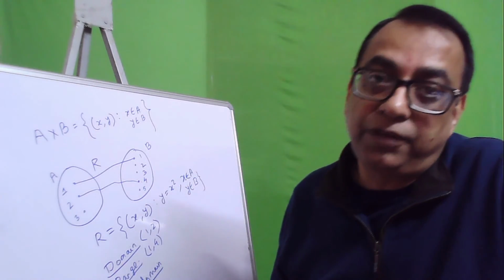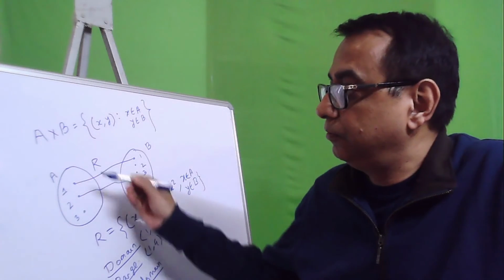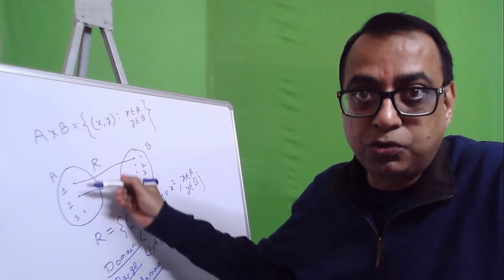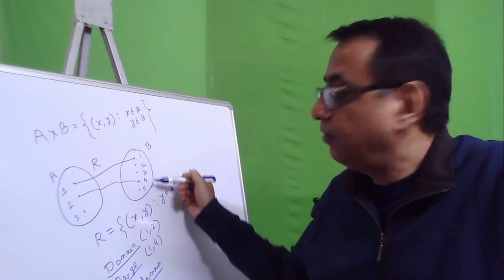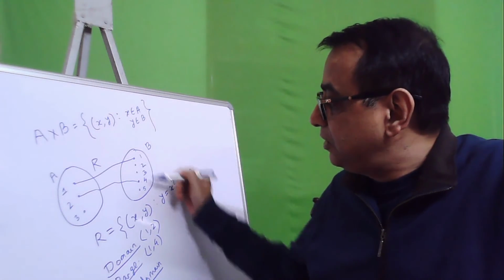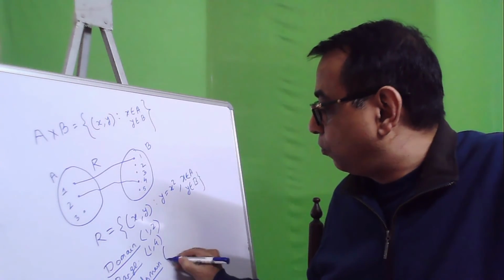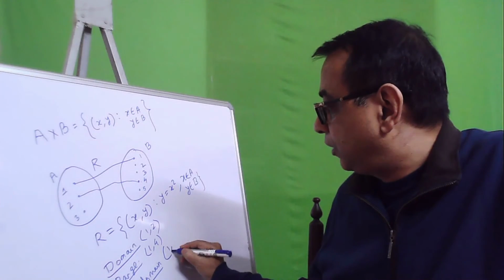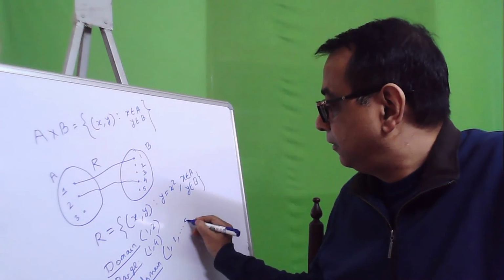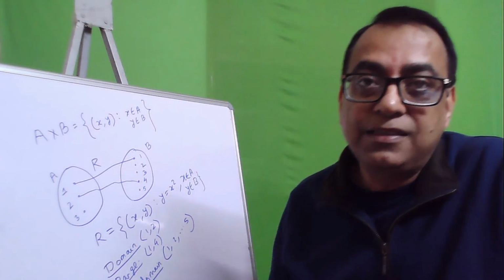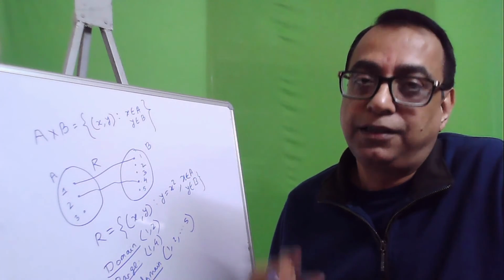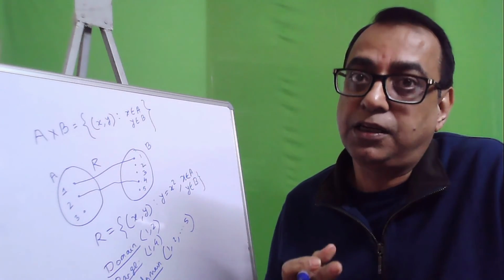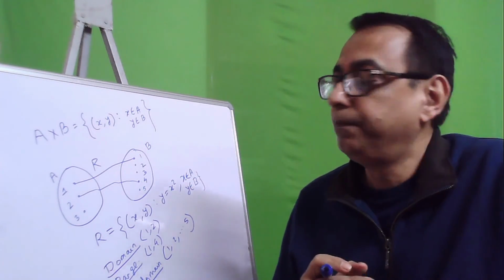So it could have taken all those values, but unfortunately those values are not there. So this is called a codomain, with all these values, whatever values it can take. So you can see that range is always a subset of the codomain.